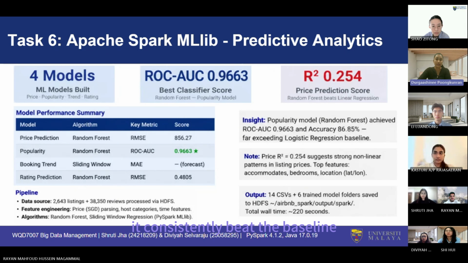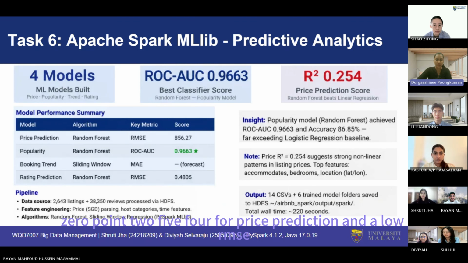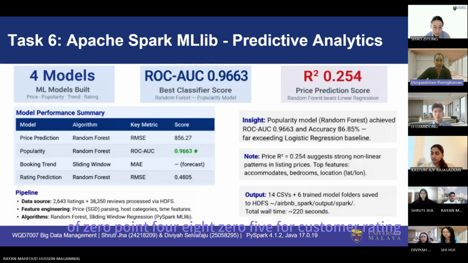It consistently beat the baseline, achieving a stellar ROC of 0.9663 for listing popularity, an R² of 0.254 for price prediction, and a low RMSE of 0.4805 for customer rating. We also forecasted a 6-month booking trend using sliding window regression.